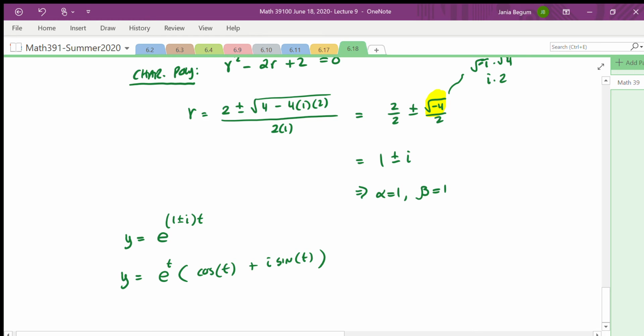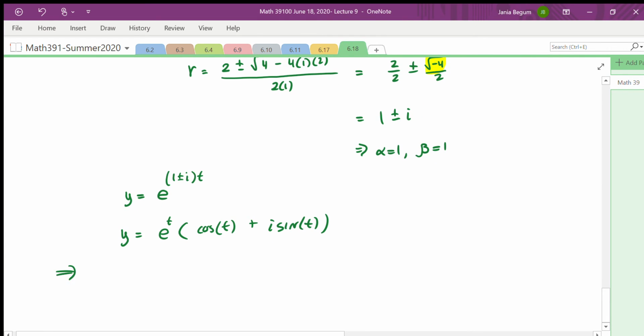Okay, but to write the general solution, we're going to put in constants c1 and c2. So this would be i sine of t. Our general solution is going to be y equals c1 e to the t cosine t plus c2 e to the t sine t.